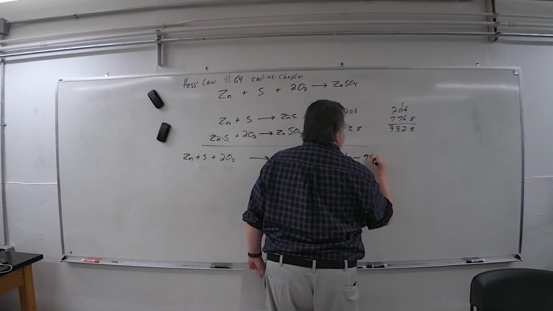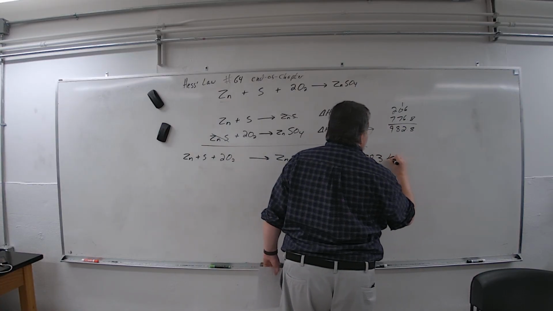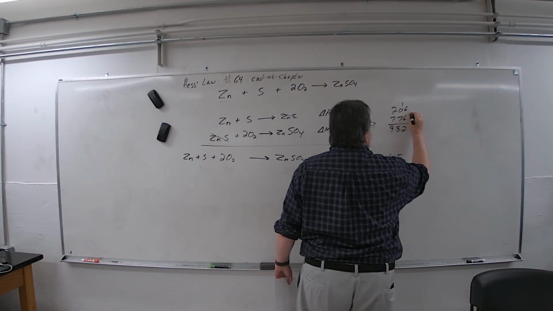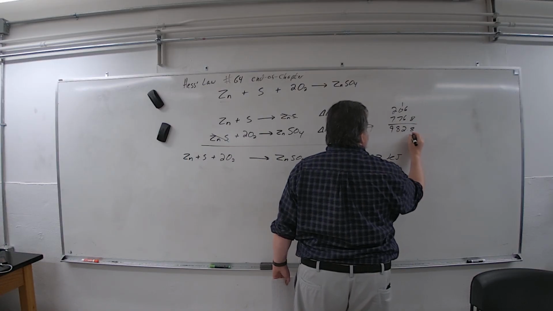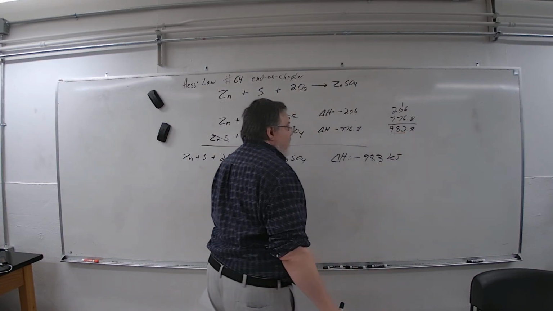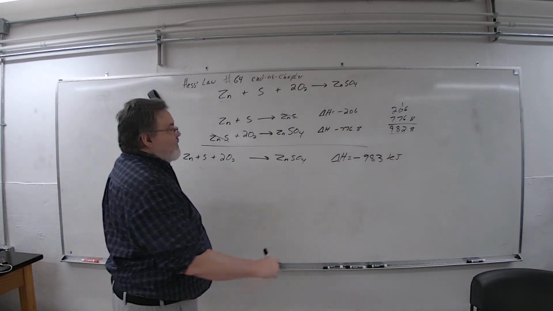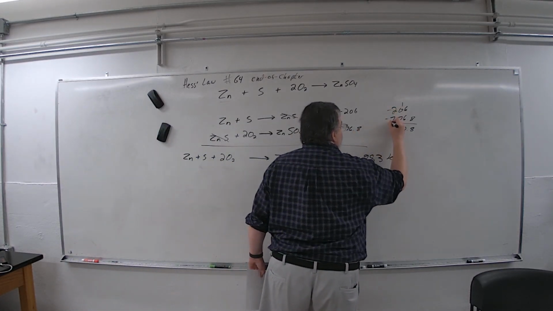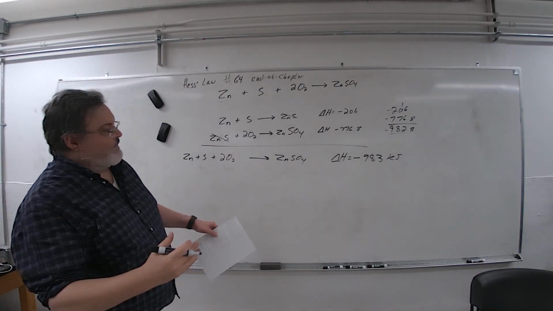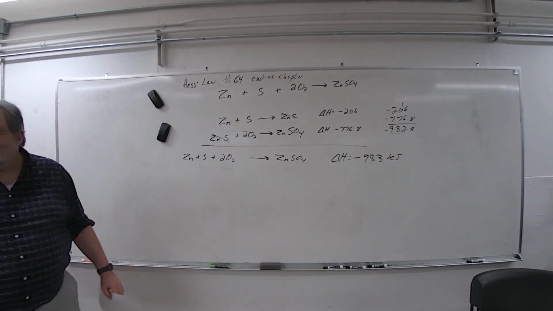Nothing after the decimal, 1 after the decimal, so I'm going to round to there. And it was negative. These were negative. That one I didn't have to manipulate. They just added straight up.